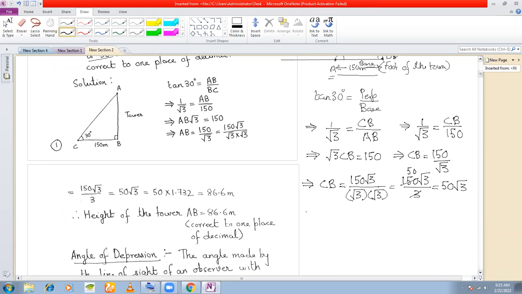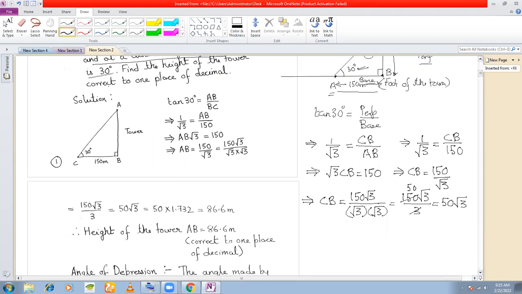Now 50 root 3, you want to convert. If you see in the question, they have asked you to find the height of the tower correct to one place of decimal, right? So you need to convert this root 3 into decimal. And I told you already that you must remember the values of root 3 and root 2. Even if it is not given, you must be able to write down the value of root 3 as 1.732, right?